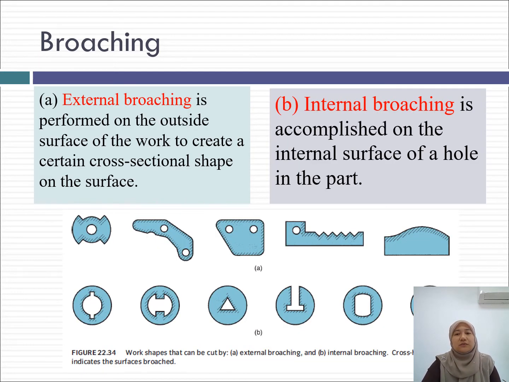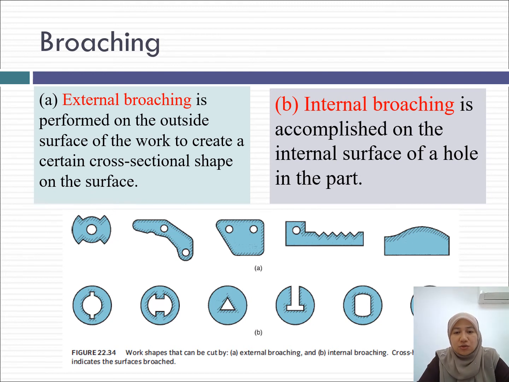Broaching has two different types of processes, which are external broaching and internal broaching. External broaching is performed on the outside surface of the work to create a certain cross-sectional shape on the surface. Internal broaching is accomplished on the internal surface of a hole. You can see from the figures.